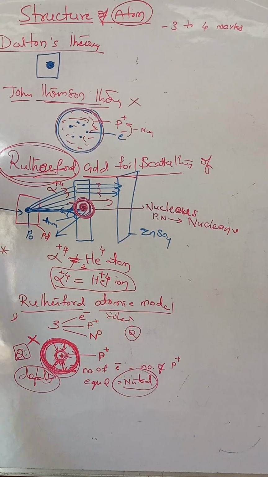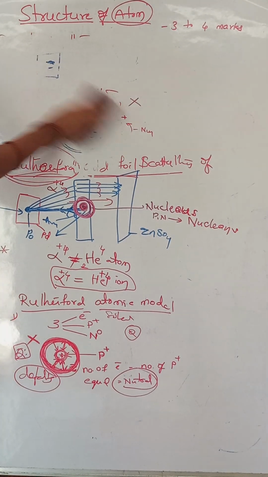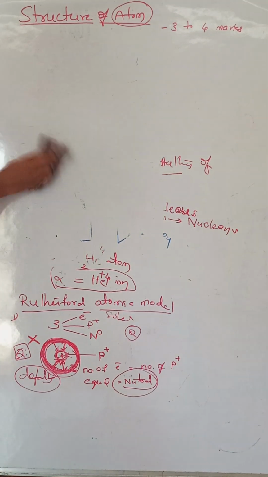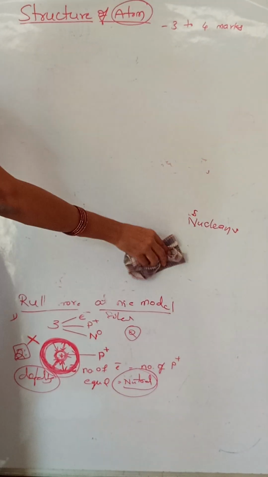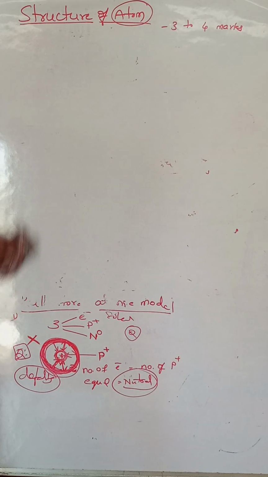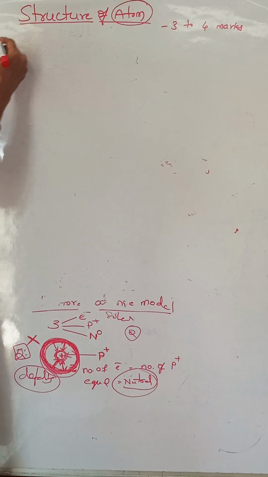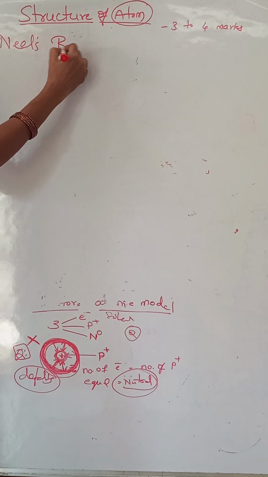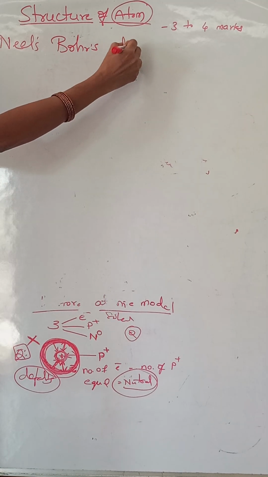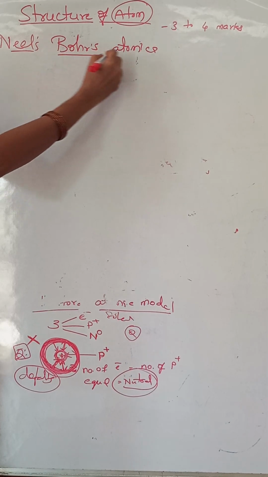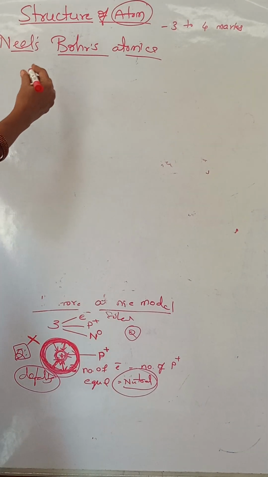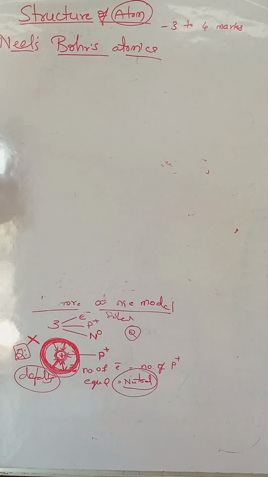After that, Niels Bohr's atomic theory. Here he tried to explain the geometrical positions of the electron, neutron and proton.